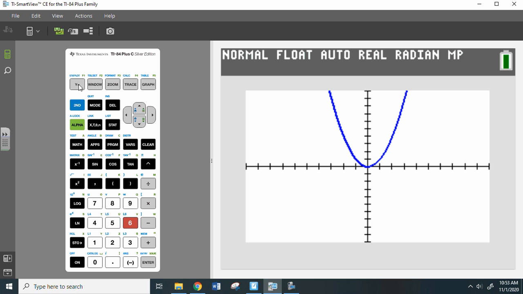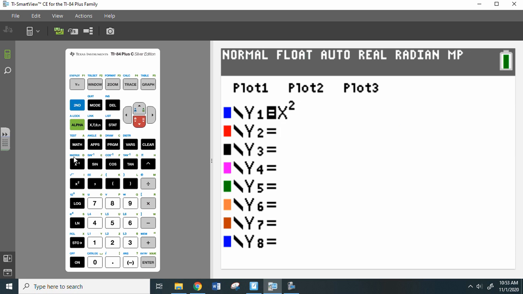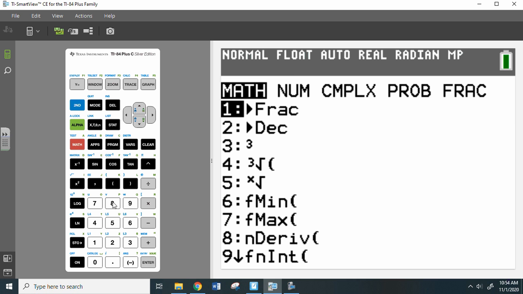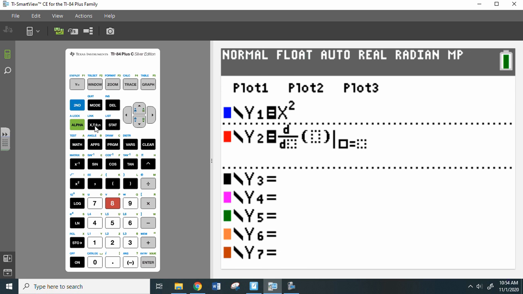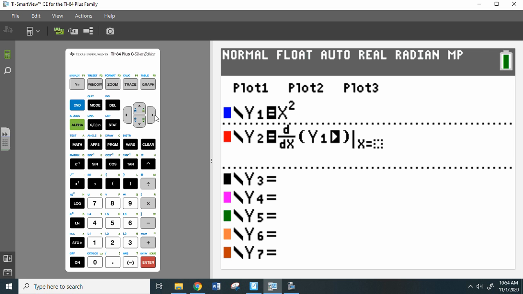Then you're going to go to y equals, arrow down to y2, and press math 8. You're going to do d over dx, that's the derivative with respect to x. Now, you can either type in x squared again, or this is where you can go to alpha trace and choose y1. And in the next blank, you're going to do x equals x.